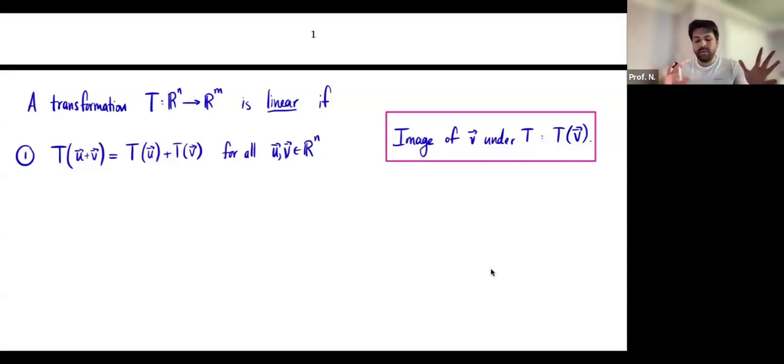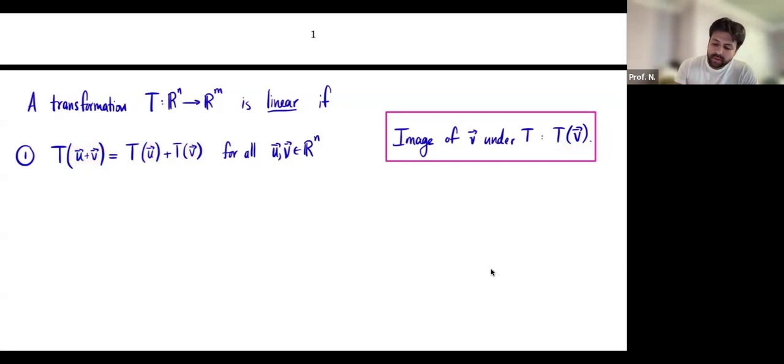But now we have extended that idea of functions to include other inputs like vectors. So we're given a vector, and under a transformation, you output a new vector. That's what T of V represents. So the image of the sum of U and V is equal to the image of U plus the image of V.